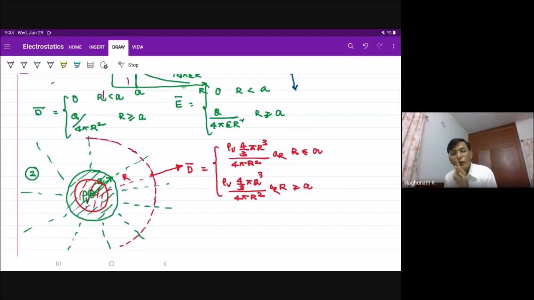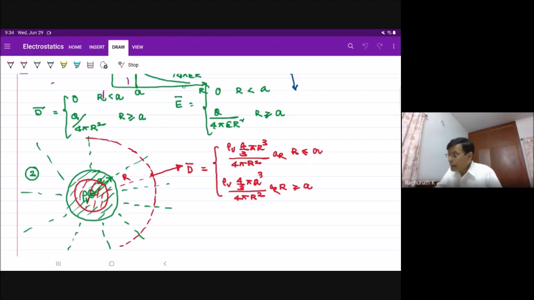We don't see stable volume charge, but I told you in the beginning itself that so many things that we talk about here as charges are hypothetical in many cases. You should not really think about whether that exists or not. Don't worry about it. If it exists, I'll tell you this is practical. The parallel plate capacitor I spoke about is practical. It exists, can be measured, and is used also.